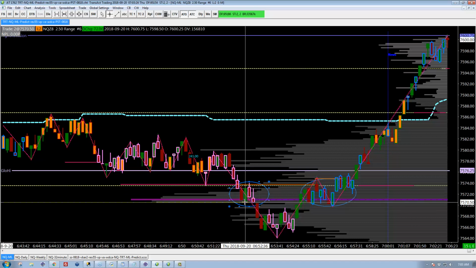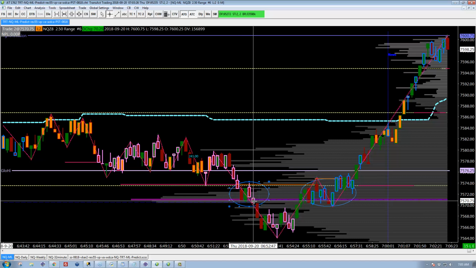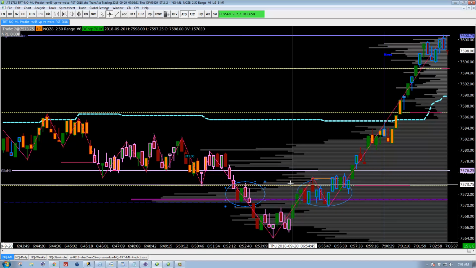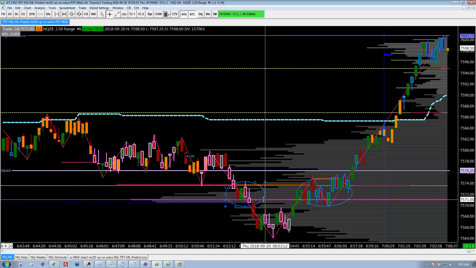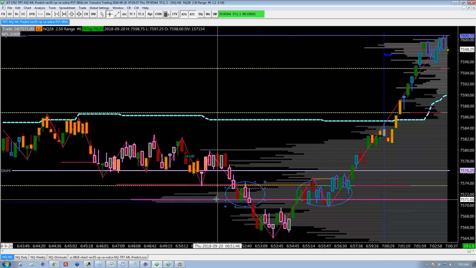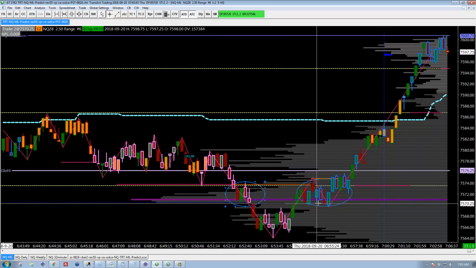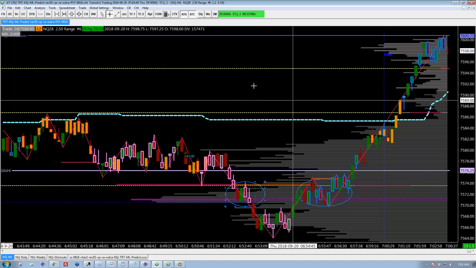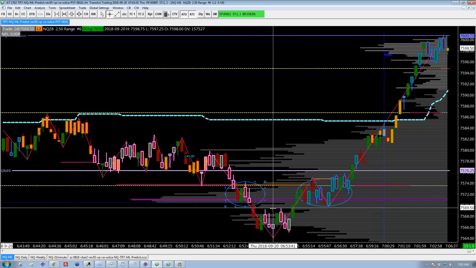The point of control is the place where the most trading has occurred. The low volume node is a place where only a little bit of trading has occurred. So the point of control, what that means is that there's a lot of buyers and a lot of sellers that agree that that's a good place to do business. All right. So it can act as a ceiling or a floor. All right. Any point can act like that.